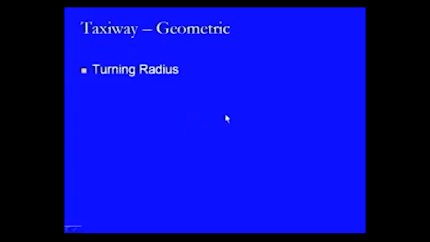Now we come to another important aspect of the features of taxiway, that is the turning radius. This turning radius provides the transition or the movement from the runway to the taxiway, that is, from a high speed to a low speed condition.